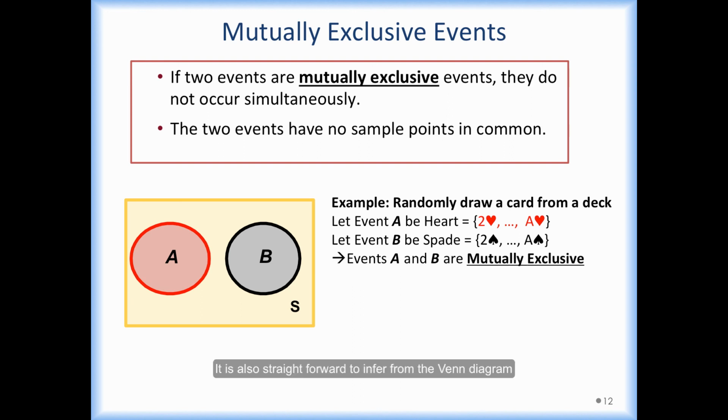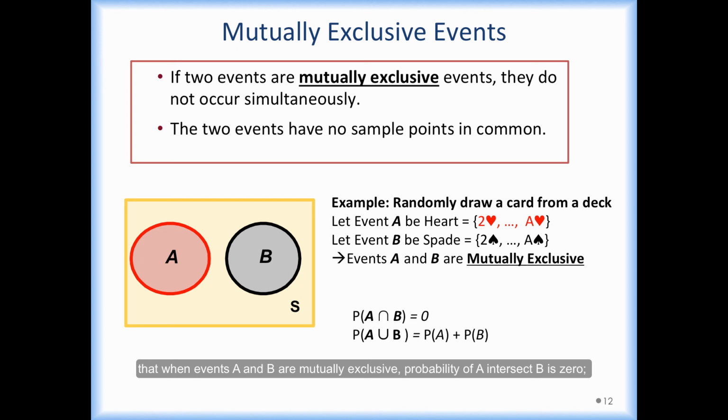It is also straightforward to infer from the Venn diagram that when event A and B are mutually exclusive, the probability of A intersect B is 0, and the probability of A union B is the probability of A plus the probability of B.